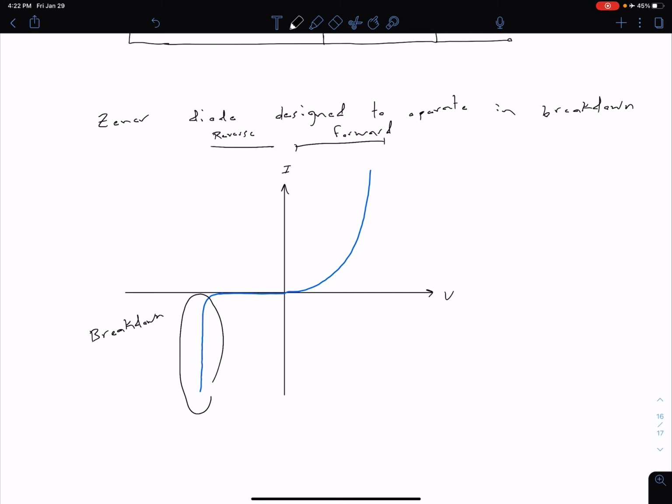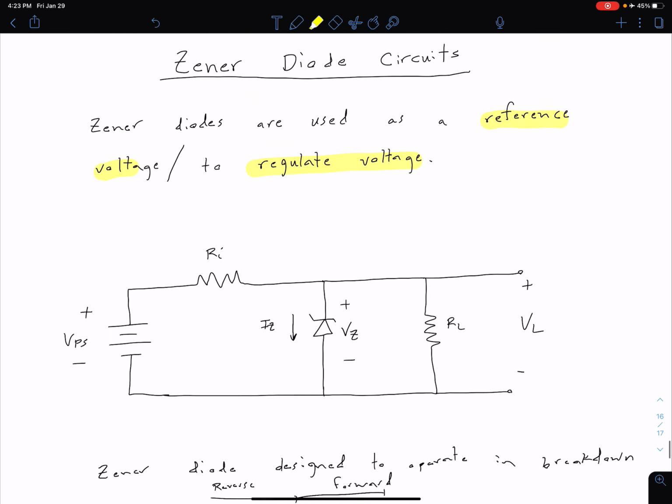You might be asking yourself, why would we ever want something to operate in breakdown? Well, the advantage for the Zener diode is that in the breakdown region, we can move up and down, changing our current while keeping a relatively constant voltage. Going back to the first sentence I wrote up here, our Zener diodes are going to be used to regulate our voltage, or to provide a reference voltage.